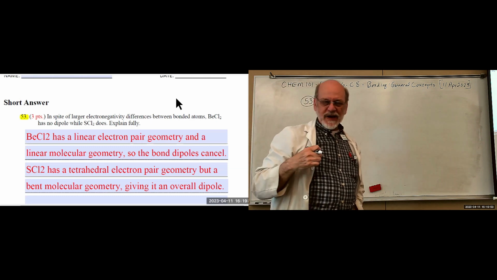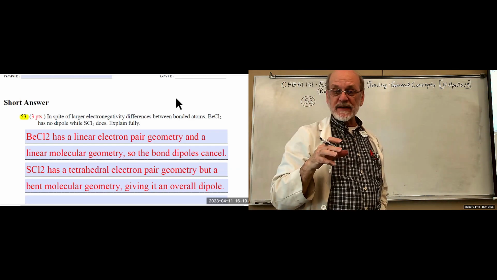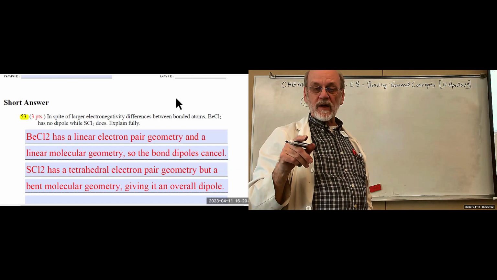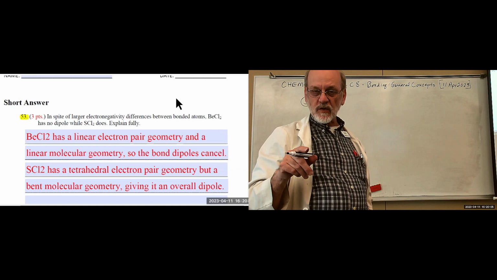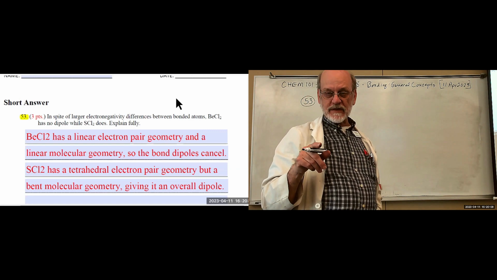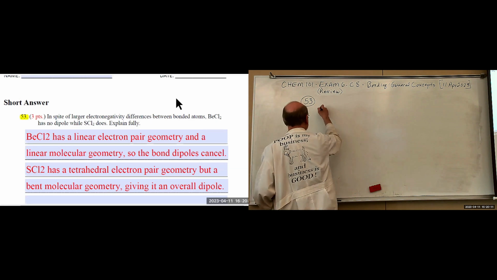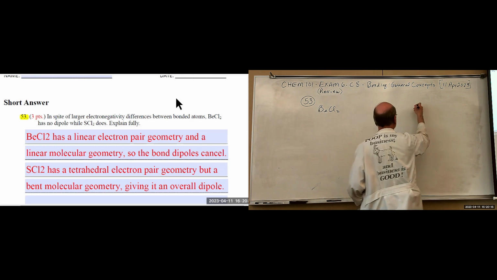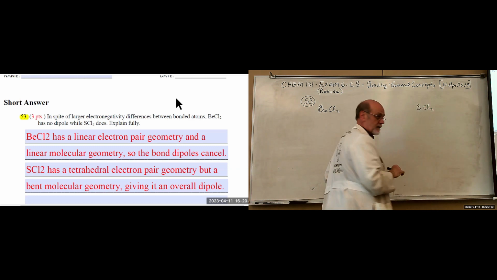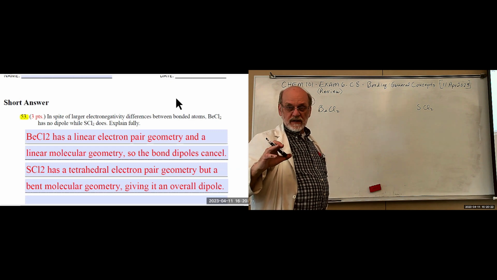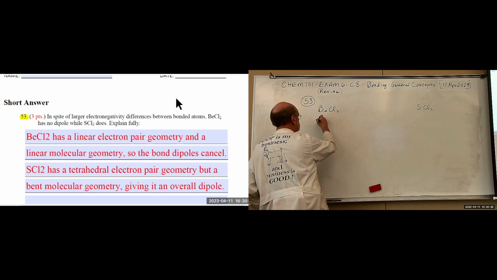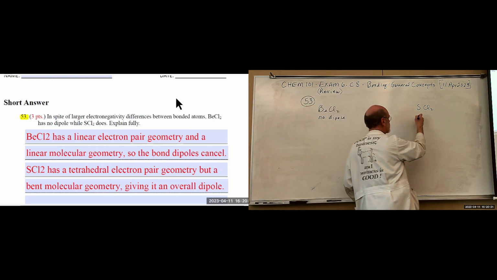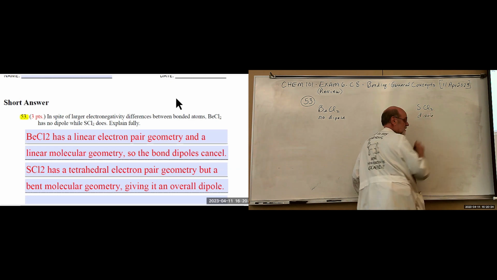All right. In spite of large electronegativity differences between bonded atoms, beryllium chloride has no dipole, while sulfur dichloride does have a dipole. So beryllium chloride is one, and then sulfur dichloride is another. Okay, and we're told that beryllium chloride has no dipole. While this one does have a dipole. We need to explain it.